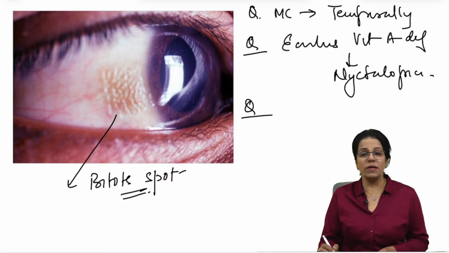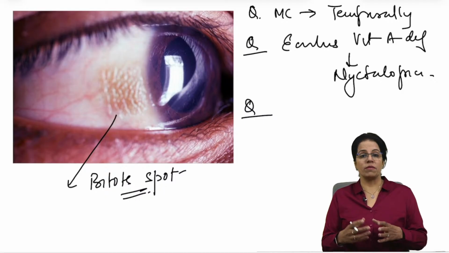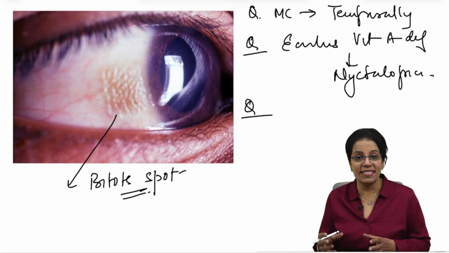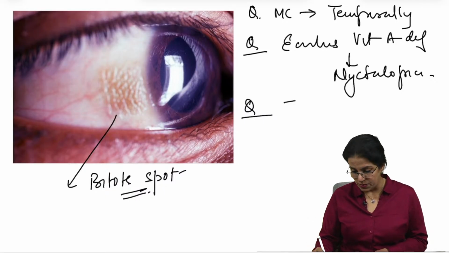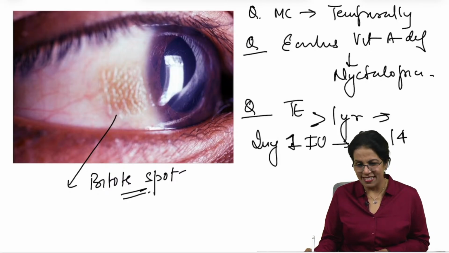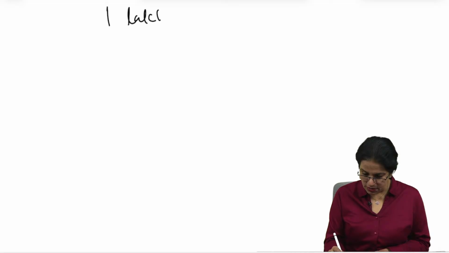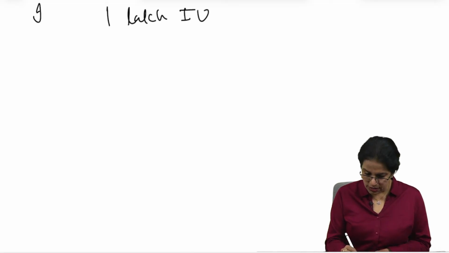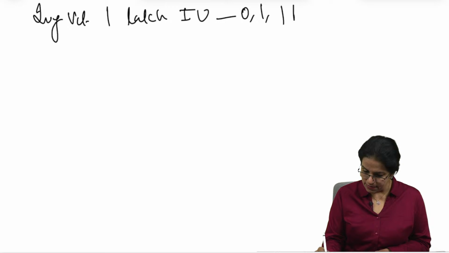Then so many times you all have confusion about the treatment. I am talking about injectable 1 lakh international units. If the patient is more than 1 year, we go for injectable 1 lakh international units on day 0, 1 and 14. So it is 1 lakh international units of injectable vitamin A on days 0, 1 and 14.